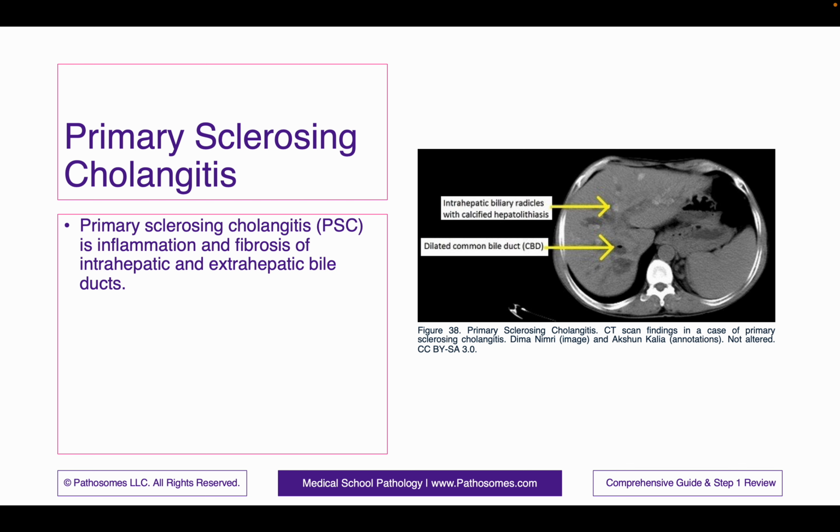Now, primary sclerosing cholangitis is inflammation and fibrosis of intrahepatic and extrahepatic bile ducts. Here we have a CT scan and the finding of a patient with primary sclerosing cholangitis. Note the dilated common bile duct and the intrahepatic biliary radicals with calcified hepatolithiasis.